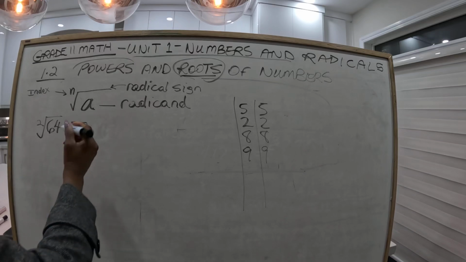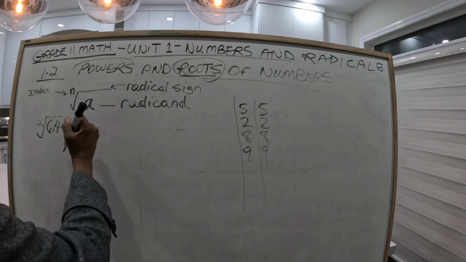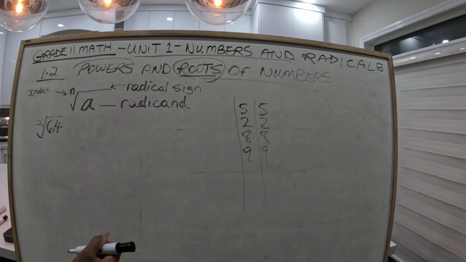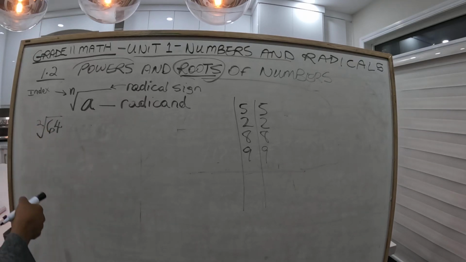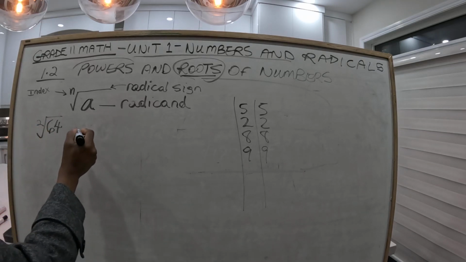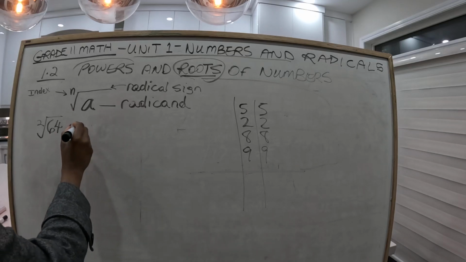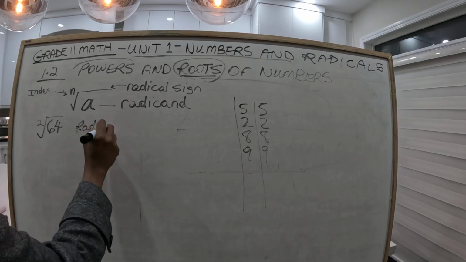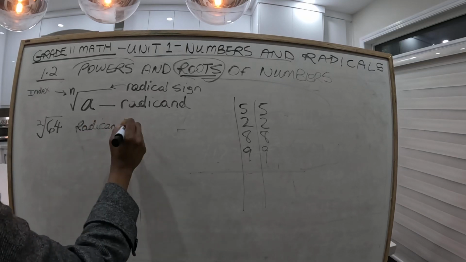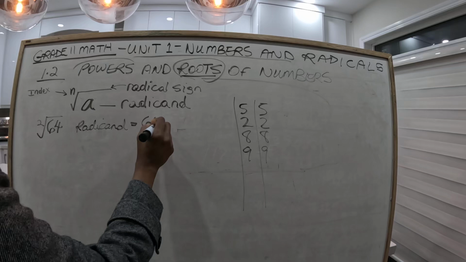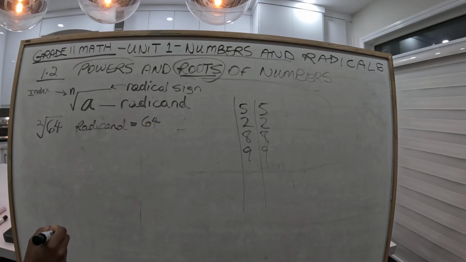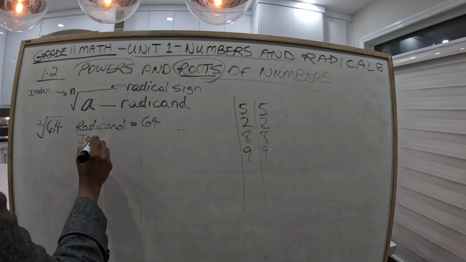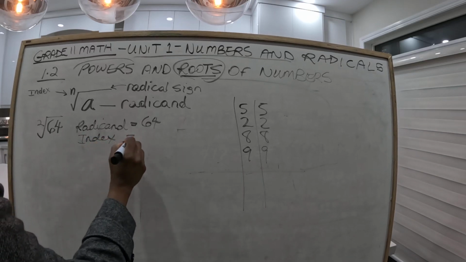So in this case, we can identify what the different parts of this expression are. The radicand is equal to 64. And the index is obvious, which is equal to 2.